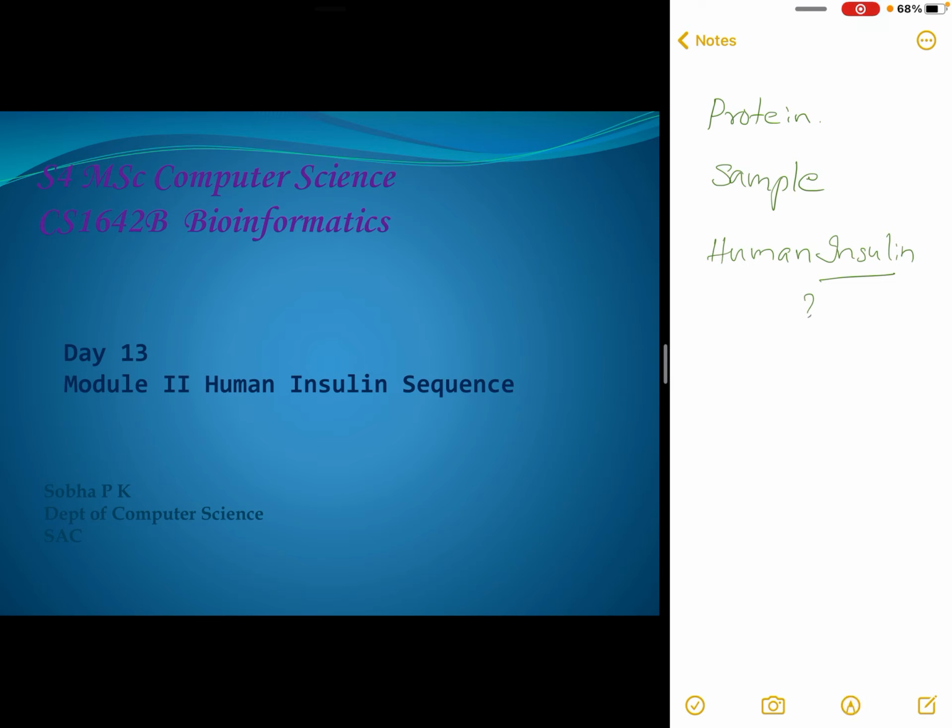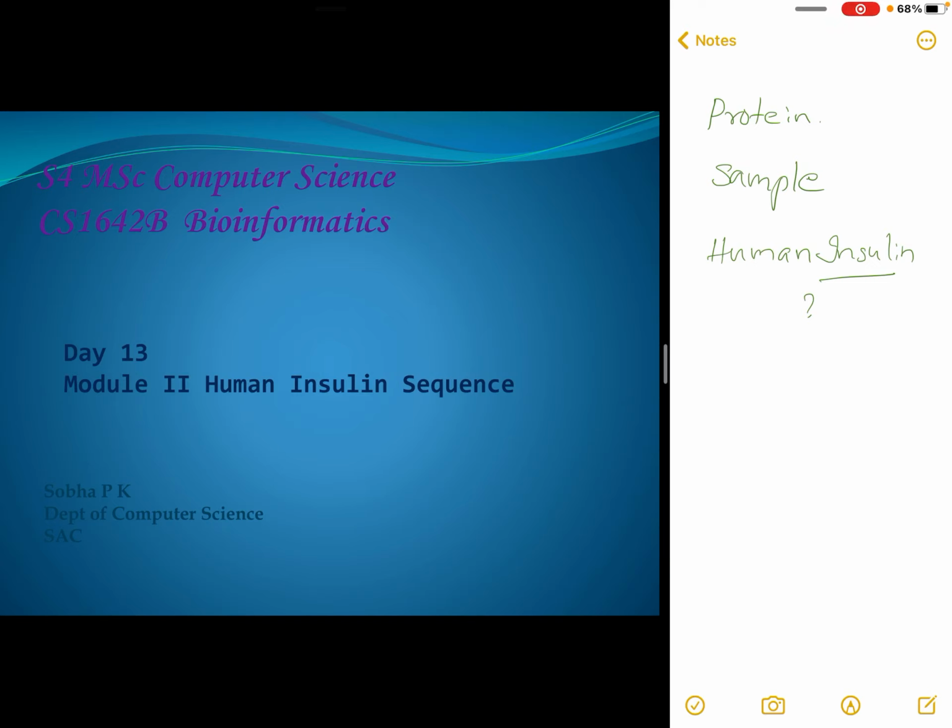As a bioinformatician, even if we are not so sound with biological terms and wet lab experiments, we must know how a typical protein sequence looks, or what the properties and characteristics of normal protein sequences are. For this, we take human insulin as our target sequence.